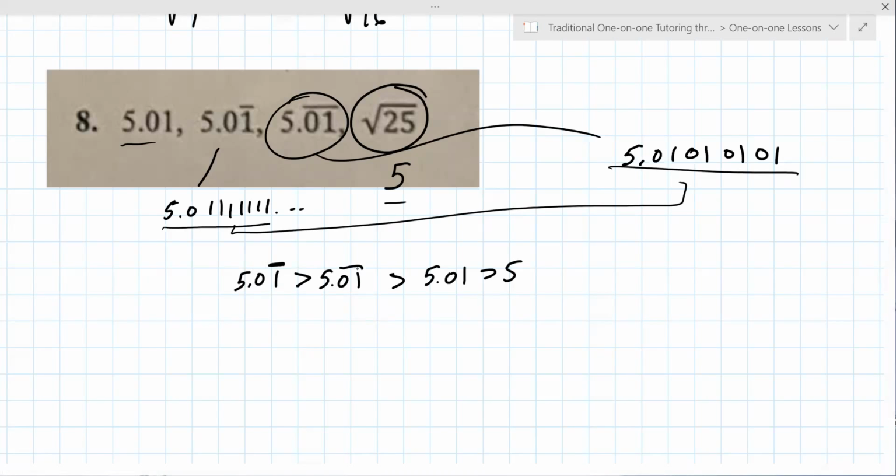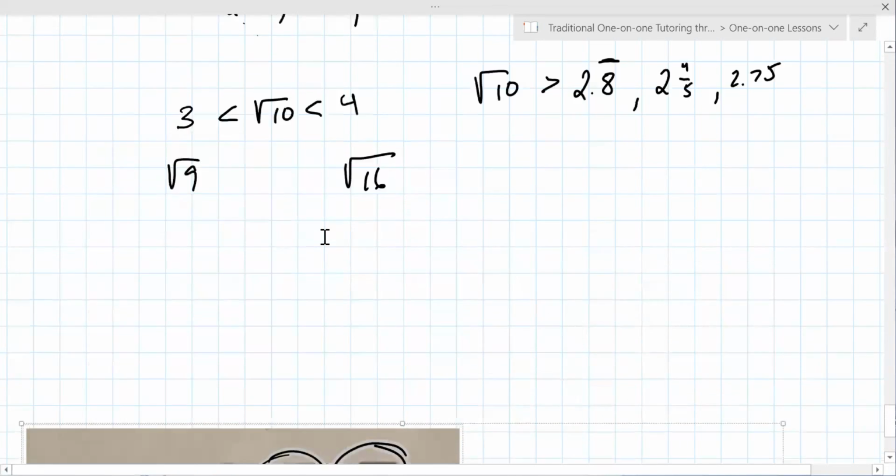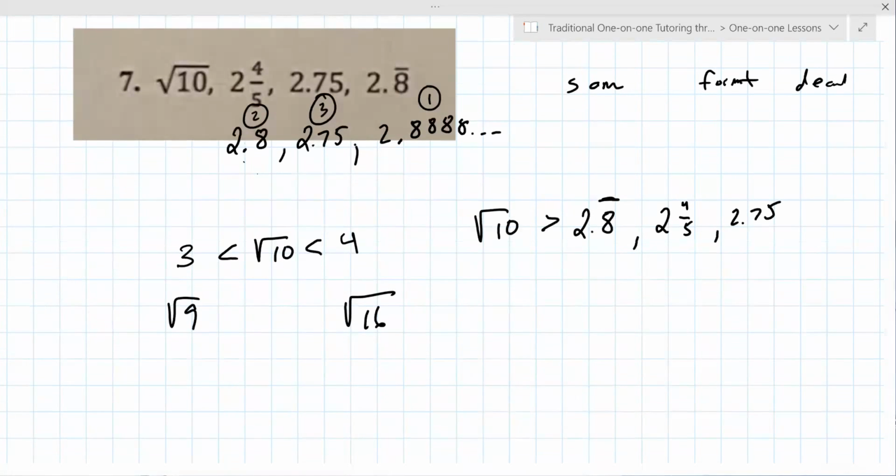Oh, you know what we're not doing, and I don't know how much this matters. We're not putting these on the number line. Is that critical here? I kind of already think I know how to put some of them on the number line, but I think it might help if we do. Okay. So let me just drag this down, and we're going to go back to the previous problem here, and we'll put them on the number line for number 7. Sorry about that. We'll get this cleaned up pretty quickly.